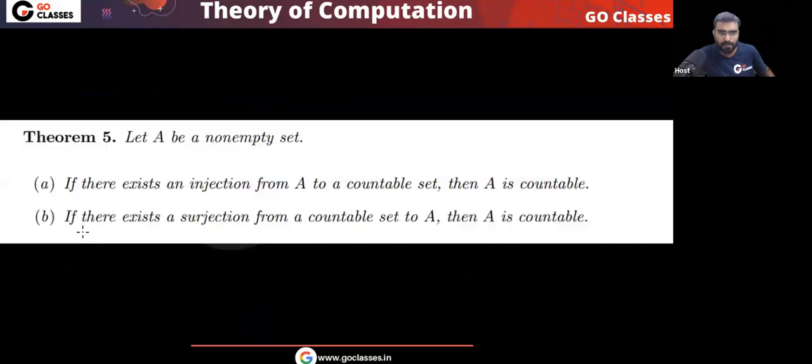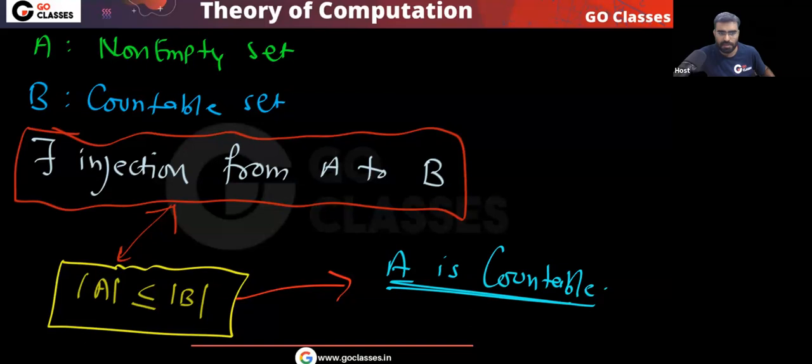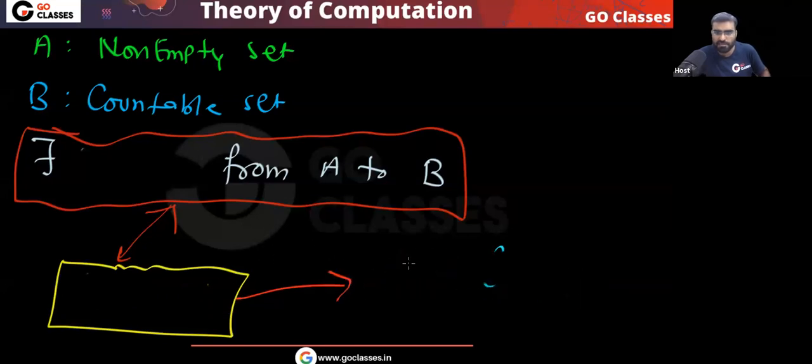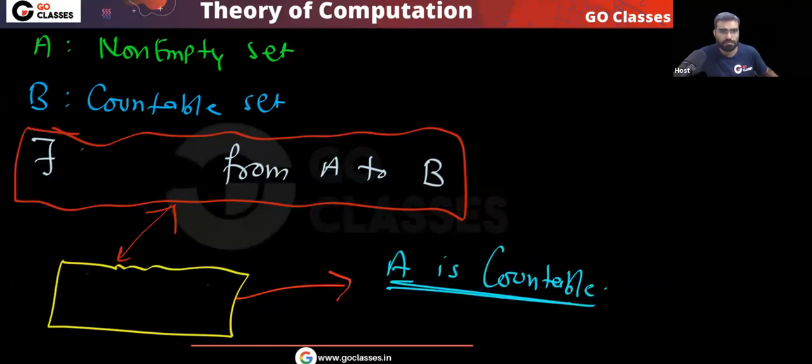If there exists a surjection from a countable set to A. Let's assume set A is non-empty and set B is countable. Now the question is saying there exists a surjection. From where to where?